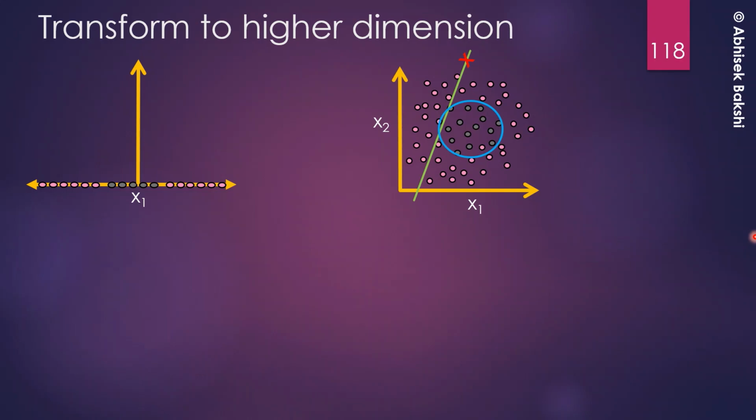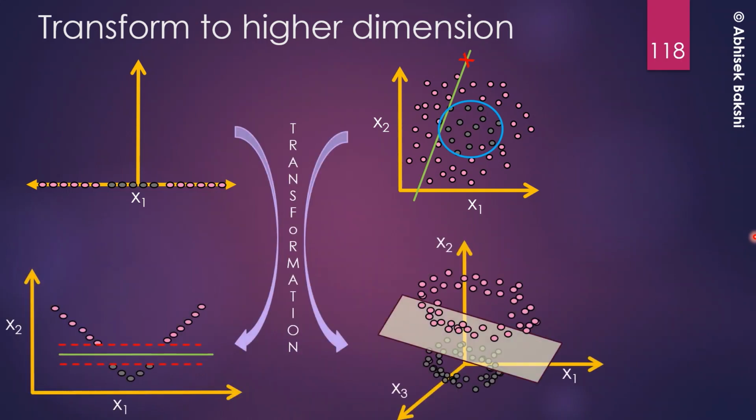In this case, what we do is transform the data from lower dimension to higher dimension. For example, let's take an example here. If I transform the data from low to high dimension for both of these cases, it looks something like this.